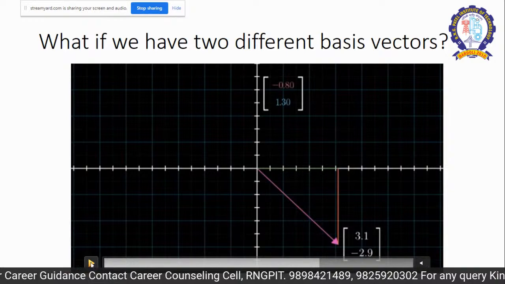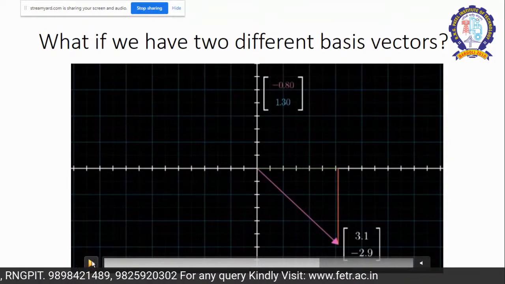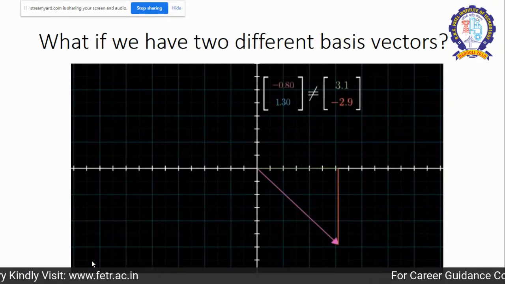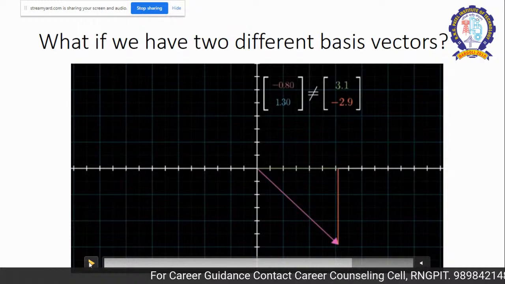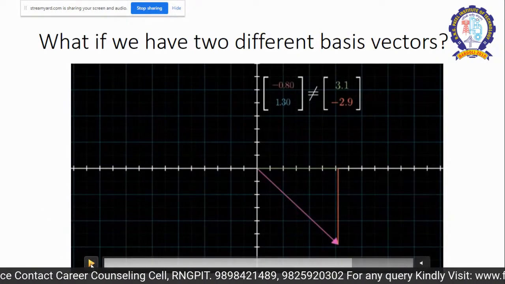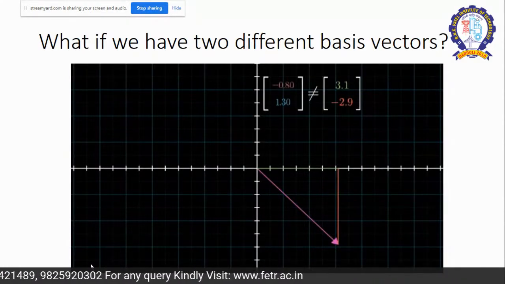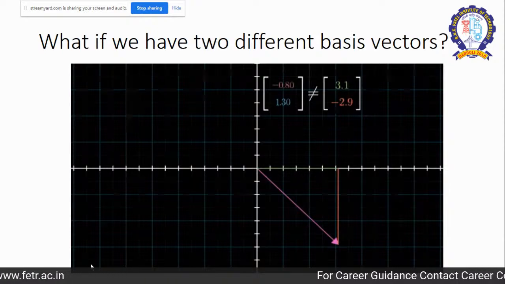So the same point can be defined with two different basis vectors, two different bases actually. Whenever we change the basis, the value of that particular point definitely has two different values. If we change the values, then the vector changes.